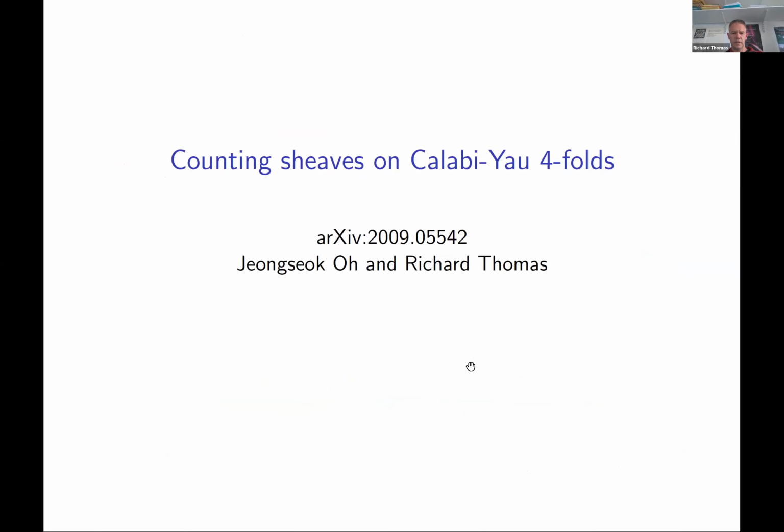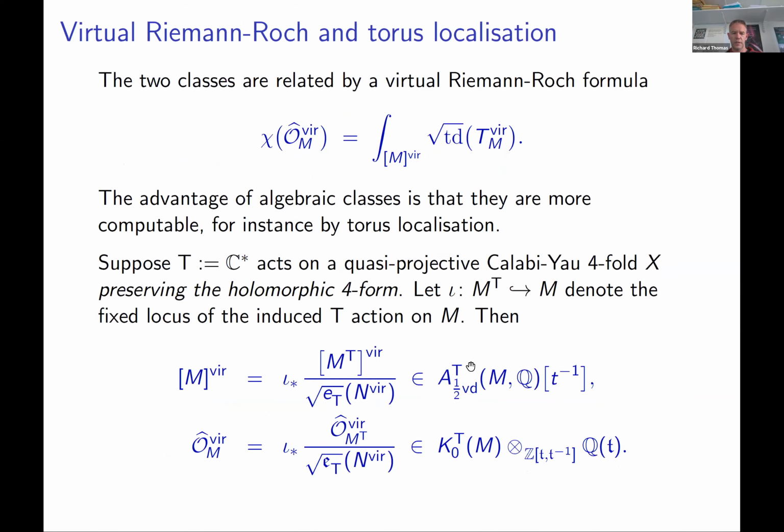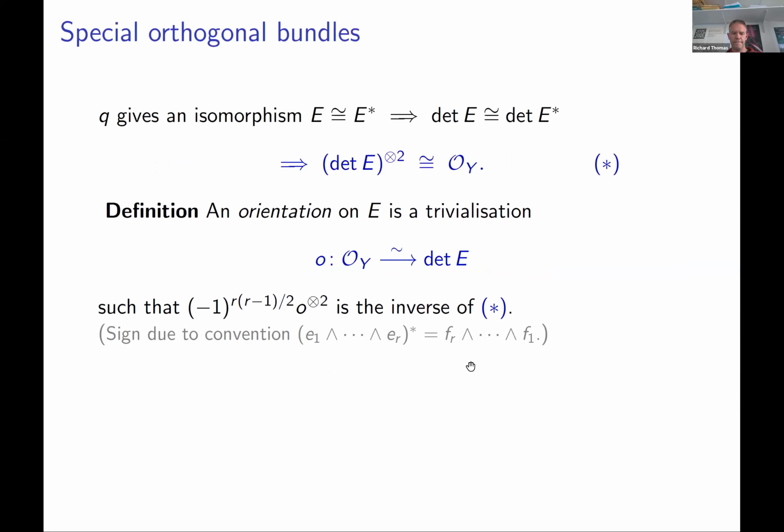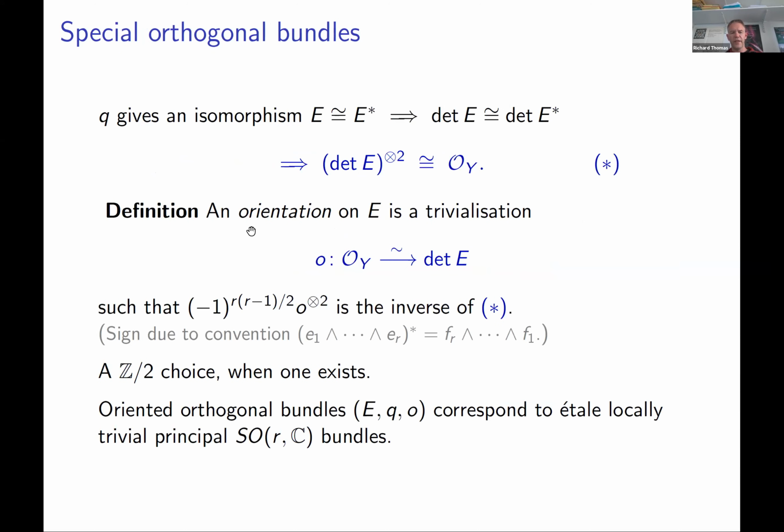But what I had some slides ago, let me see. What's the quick way of going forwards? No idea. Okay, we had this strange notion of orientation. It was a trivialization of the determinant that was somehow compatible with the quadratic form. Then there was a way of passing to the ordinary real notion of orientation on the underlying real bundle, and those two are equivalent.